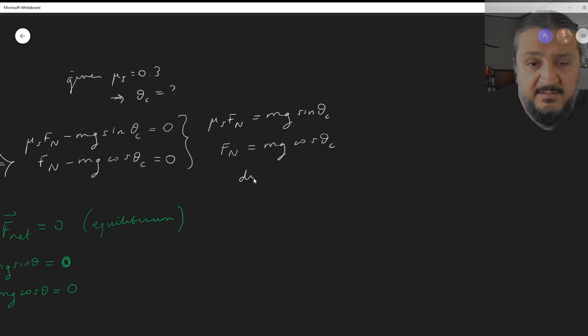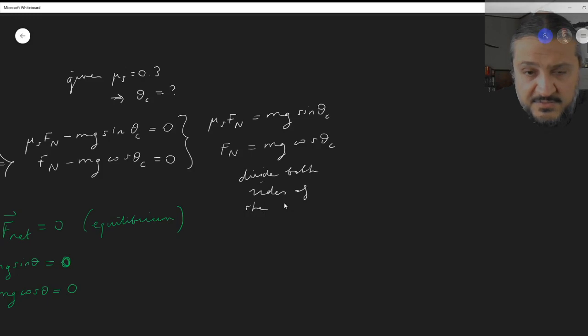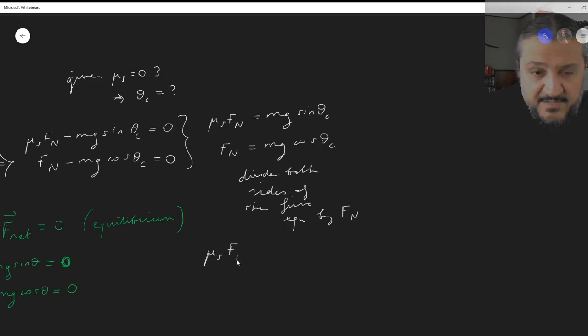And then divide both sides of the first equation by Fn, let's say. Okay, so we have the first equation, mu s Fn divided by Fn.